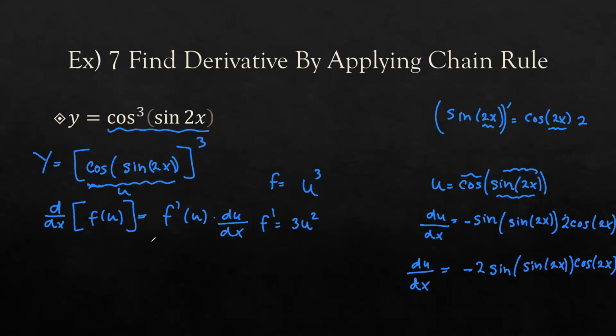What do you do next? Then you just put it in this formula. So you could say y prime equals f prime. f prime is 3u squared, but you're going to replace u with this whole thing.